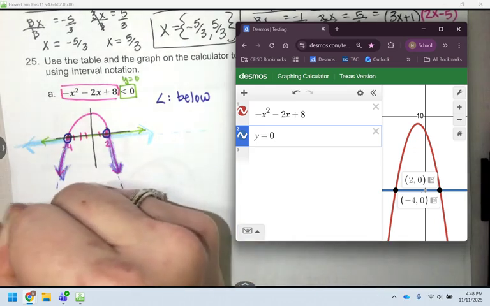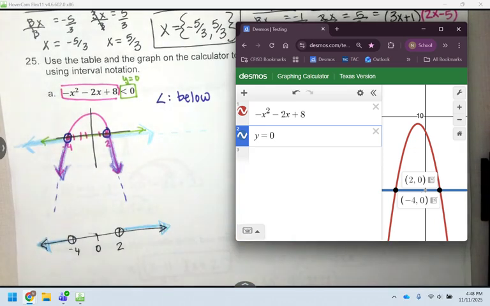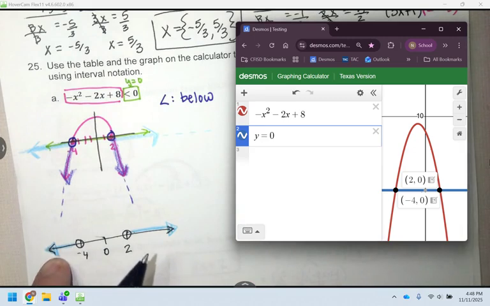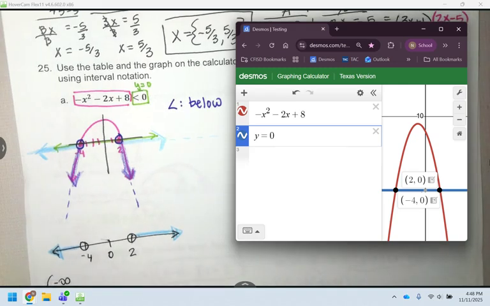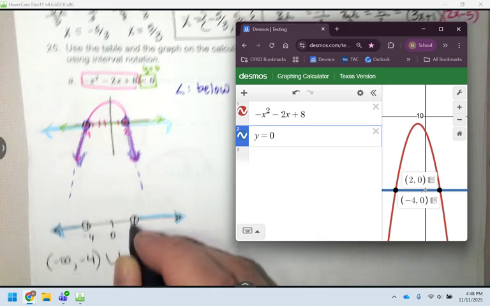And we still need to write it in interval notation. So the left arrow is representing that it's going left forever, so that's your negative x values. All of those is negative infinity. It stops at -4 with a parentheses because it's an open circle. There's a break in our solution.